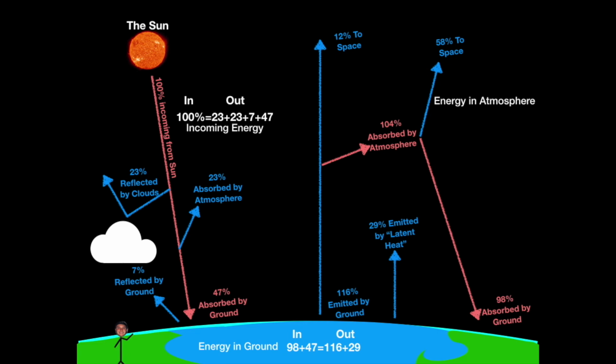Now, the last place where we must examine the balance of the energy is the energy that is in the atmosphere. So in the atmosphere, we will have the 23 and the 104%, which are both absorbed by the atmosphere. Now, it is implied that the 29% emitted by the ground as latent heat is also absorbed by the air.